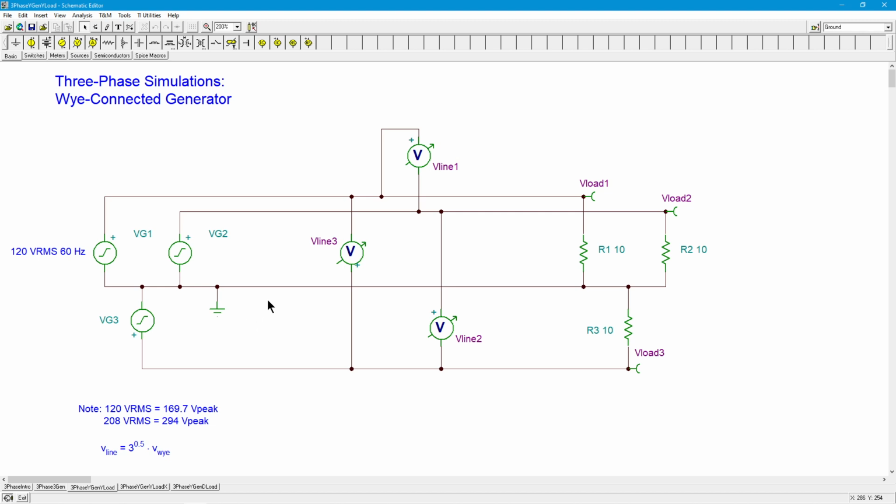Tina isn't like that. You don't have to have a ground, as long as you're doing all relative measurements like I am here with these voltages, no sweat. These, on the other hand, are relative to ground. So you do have to have a true ground. But there's no big deal here. If this was a delta connected load, you could just tack a ground on here and you have your delta connected load. It doesn't really mean anything, but it would allow the simulation to work.